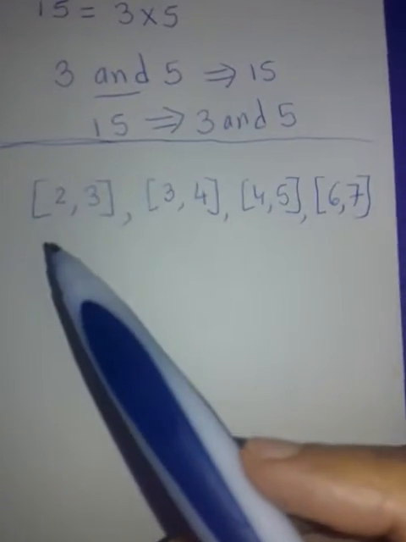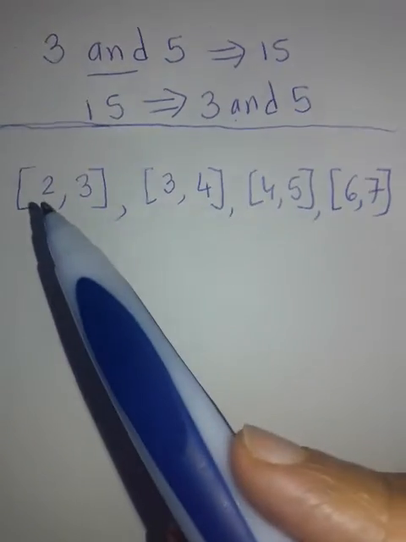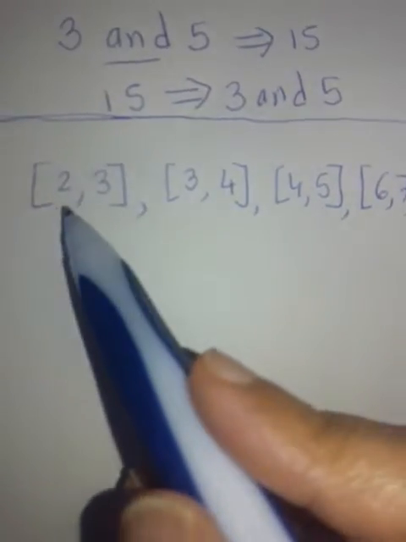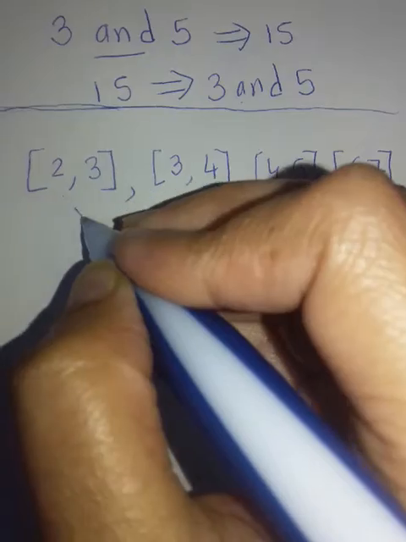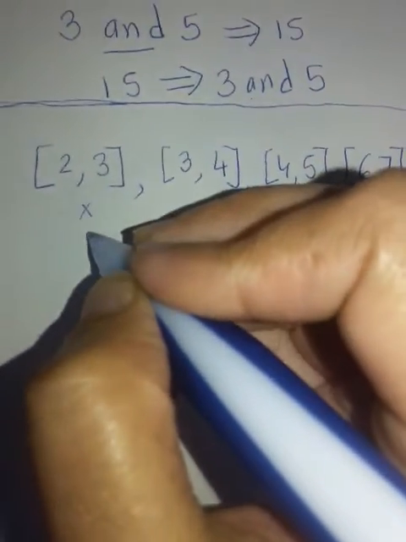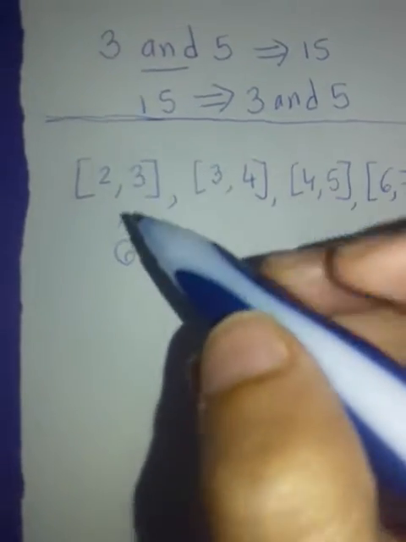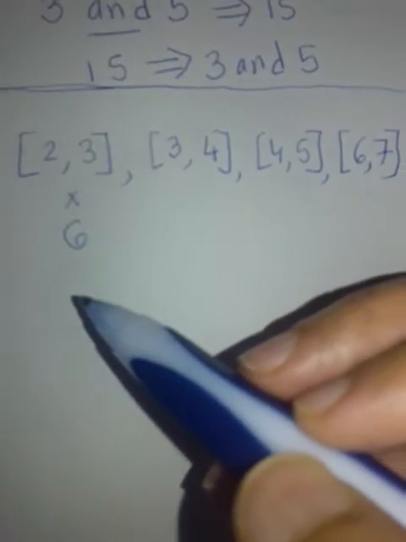So now what does our rule say? Find factors which do not have any common factor. So 2 and 3 do not have any common factor. If I multiply them, what is their product? Their product is 6. So 2 and 3 are such factors of 6 which do not have any common factor.